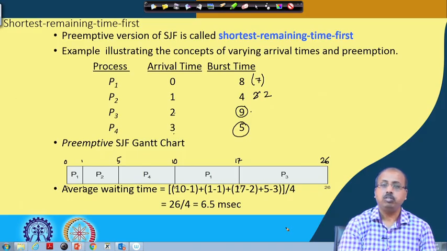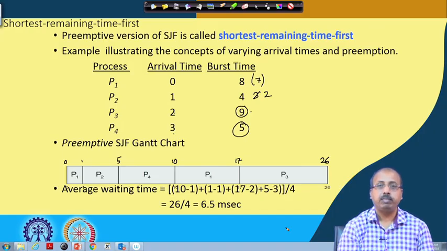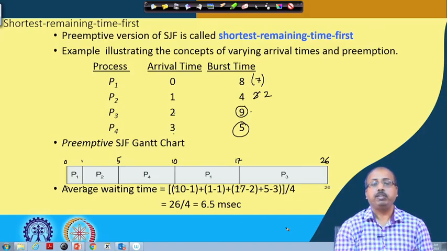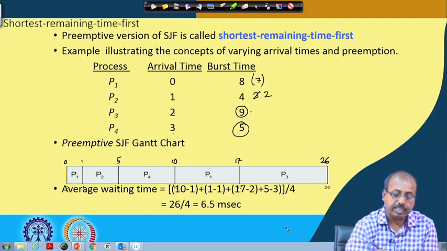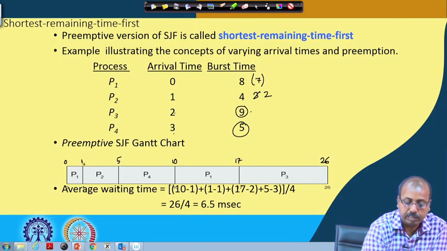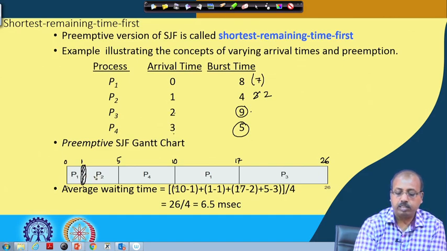Now, this is good, but at the same time you see that the overhead is slightly more, because every time a new job comes to the ready queue, the scheduler has to be invoked. Though we say that P1 executes from time 0 to 1 and then P2 executes from 1 to 5, in between the scheduler will be invoked. So, some time will be spent in invoking the scheduler.